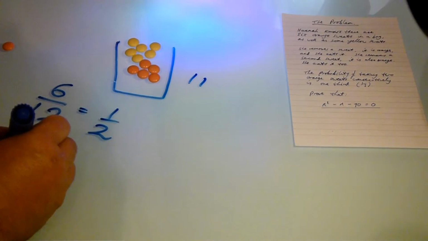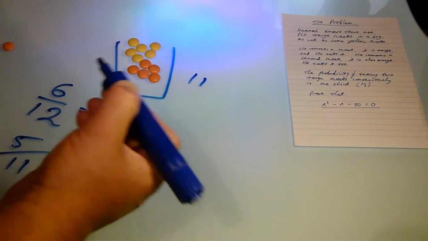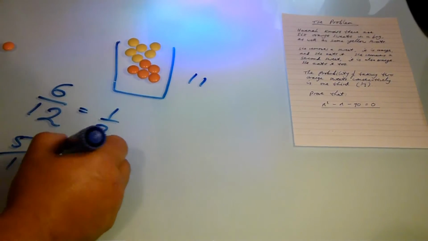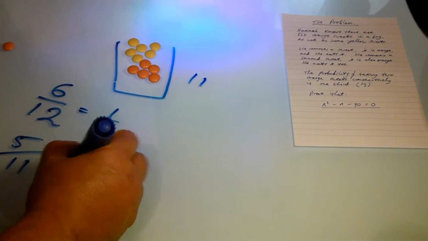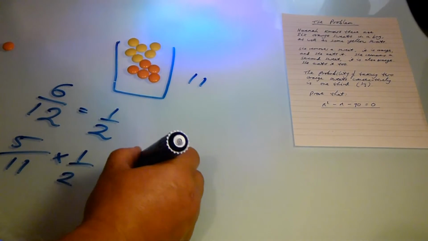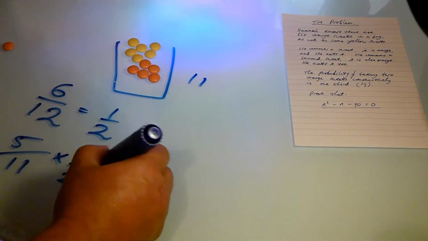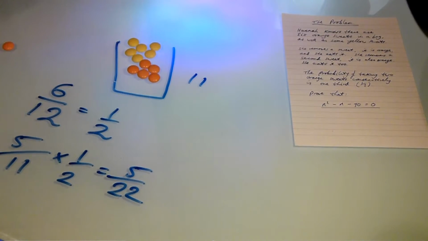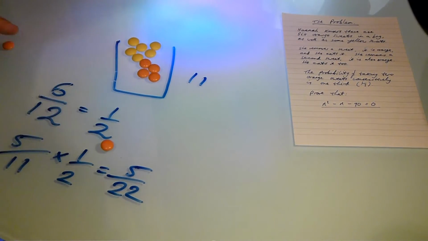So the probability of taking the second orange is 5 out of 11. We multiply that by the first probability, and we get 5 out of 22 is the probability of taking 2 oranges. That's not the answer that we were given, so we know that's not it, but that's okay. This was just to illustrate taking 2 orange when we knew we had 6 orange and assumed we knew how many were in the box.